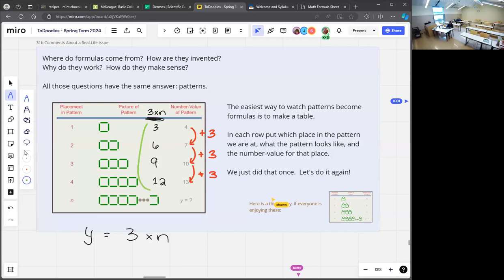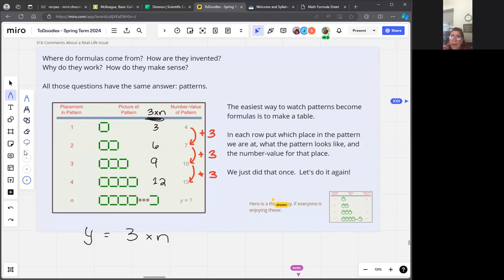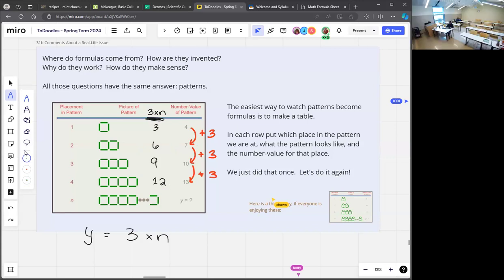How do I get from these numbers to those numbers? They're pretty close. Add one. Add one.